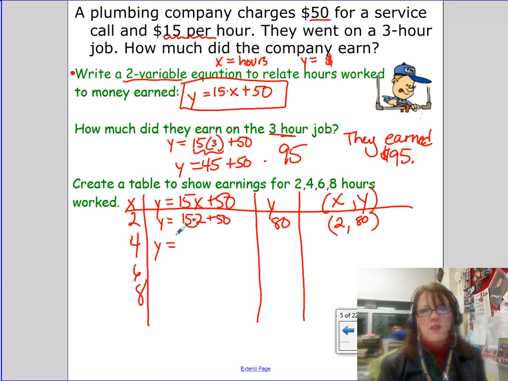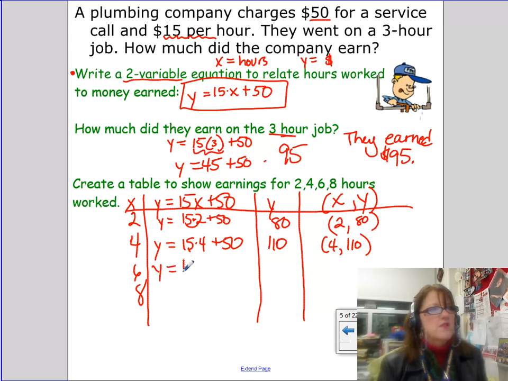Plug in a 4, and you're going to do the same pattern again. 15 times 4 plus 50. 15 times 4 is 60, so I get 110. 4 hours, $110. 6 hours, 15 times 6 plus 50. That's 90 and 50. This is $140. So a 6-hour job generates $140 for the company.